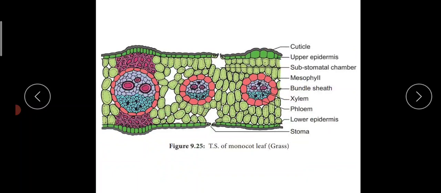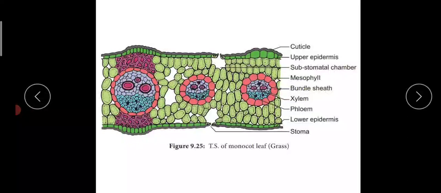And now let's see. Here also, as it is a leaf, it has upper and lower epidermis, and parenchymatous, rectangular, compactly arranged cells form the epidermis. It has a cuticular layer and stomata.